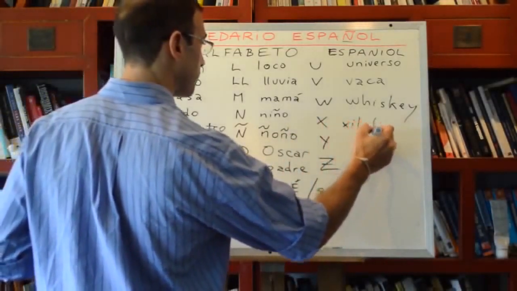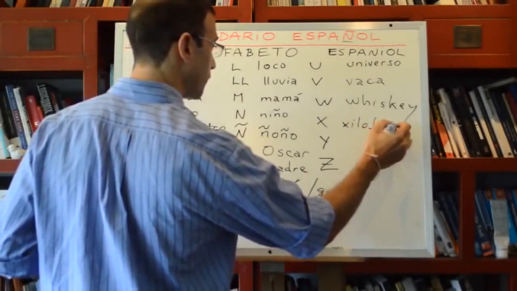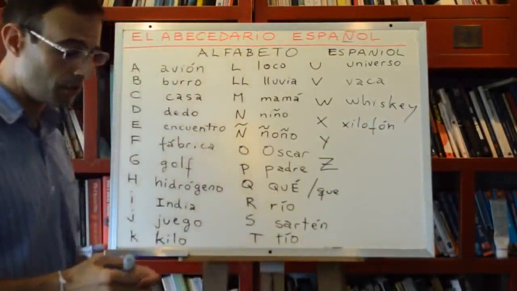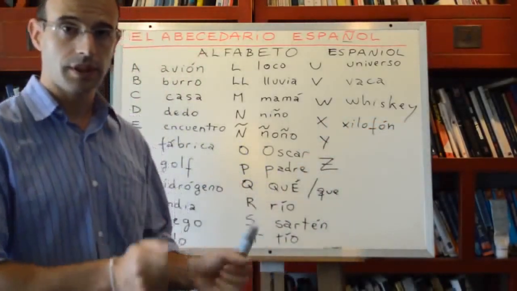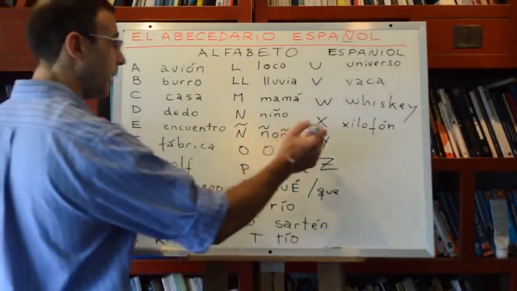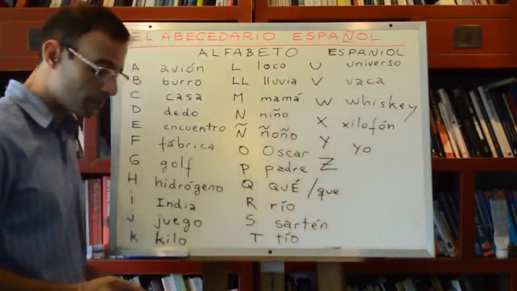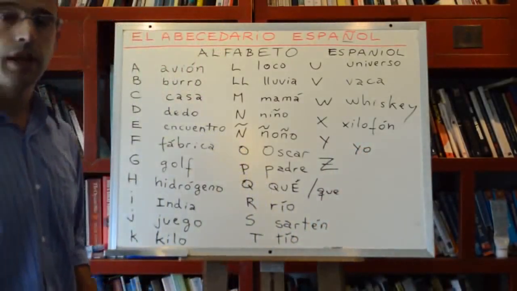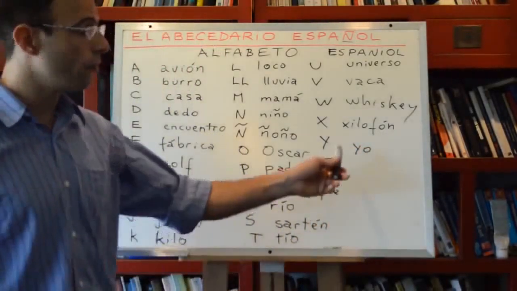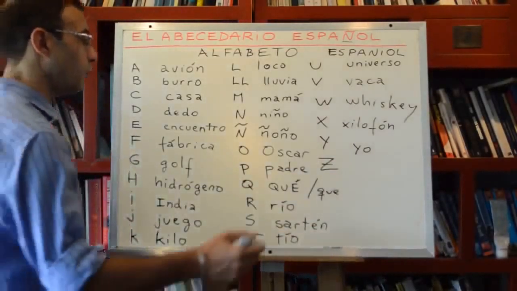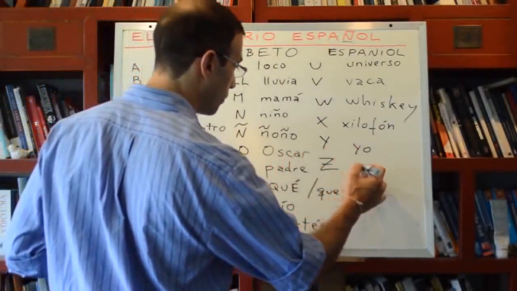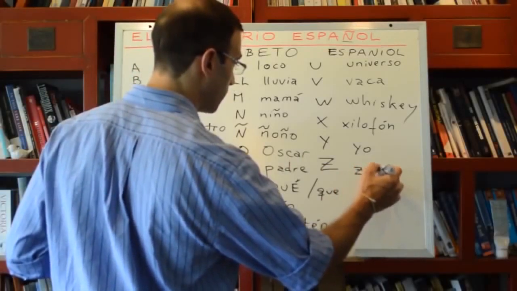Xilófono for xylophone, the musical instrument. Ting, ting, ting, ting, ting. With Y, yo. Yo is the pronoun I. I go home: yo voy a casa. With Z, of course, zebra.